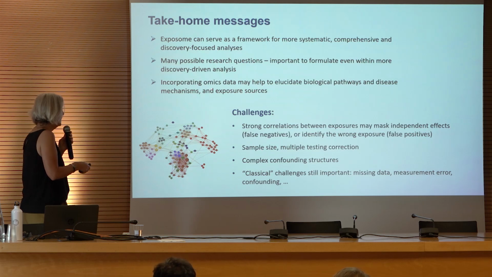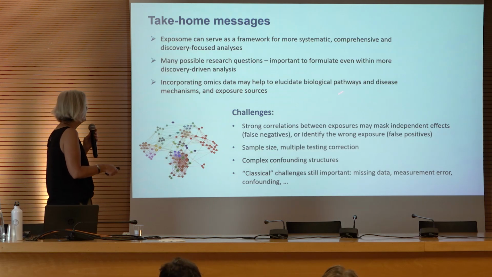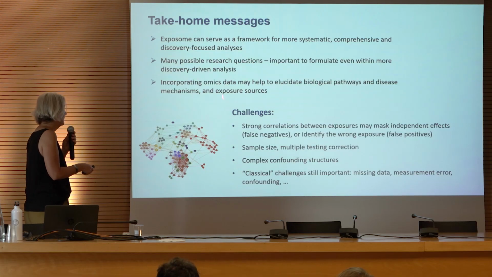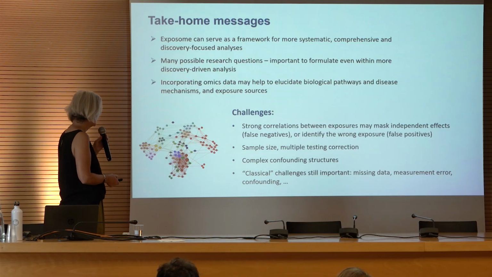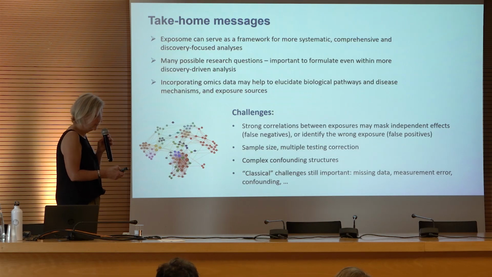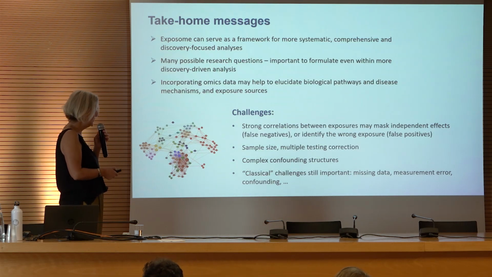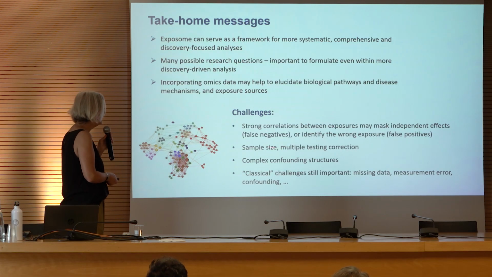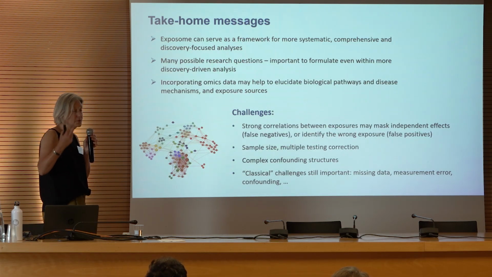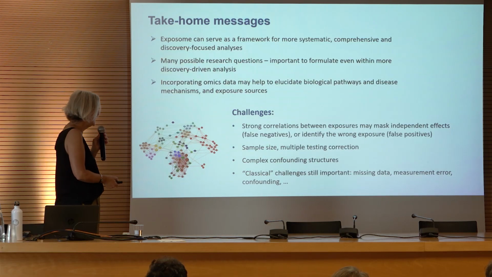The incorporation of the omics data may help to elucidate biological pathways and disease mechanisms, but also you might be able to detect markers of exposure sources. There are plenty of challenges. This is really complex data with a lot of correlations. And with these strong correlations between the exposures, what we found in our work, also through simulation studies, is that it can go both ways.